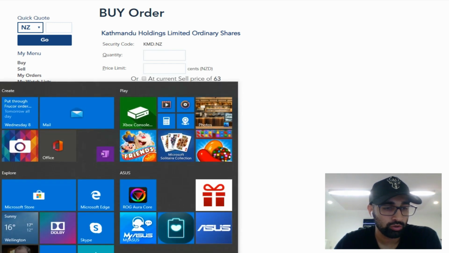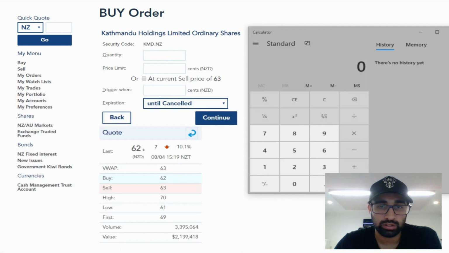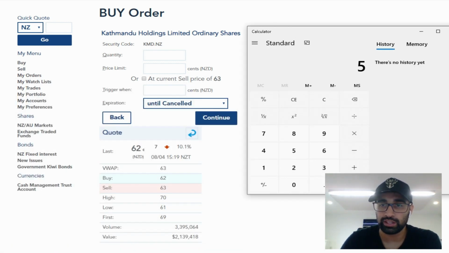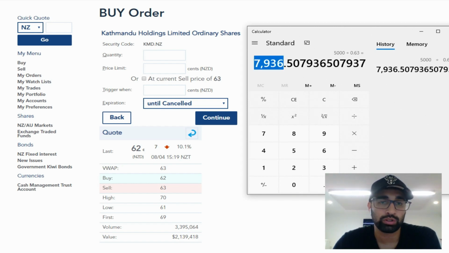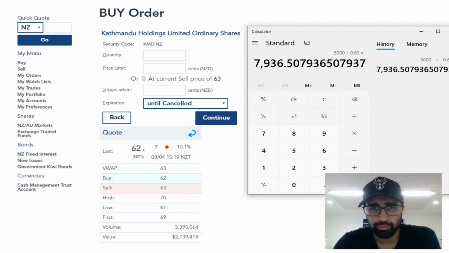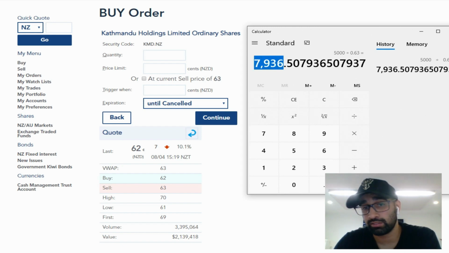In order to figure out the quantity, we simply want to go 5,000 and divide it by 63 cents. This will give us a quantity of shares that you want to buy in order to get that $5,000 position. Personally, I like to round up my shares, like 7,000, 8,000.